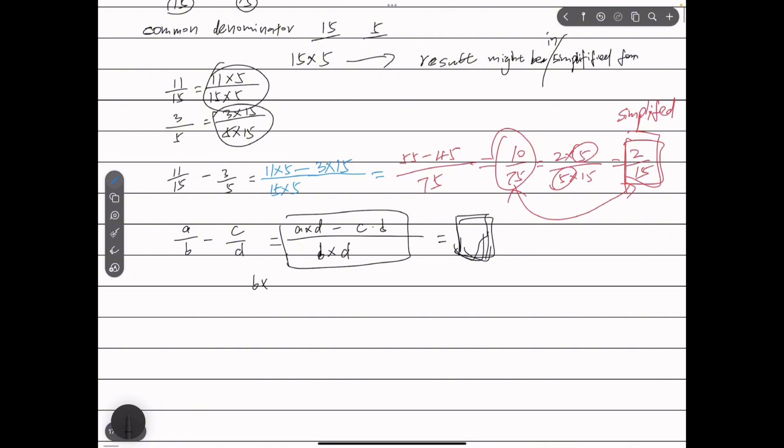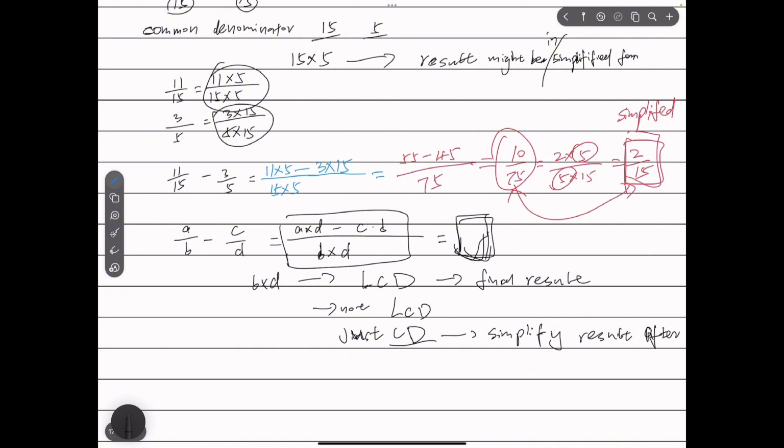Depends if b times d is the least common denominator. If it is, that will be the final result. If it's not the LCD, just a common denominator, we need to simplify the result after.